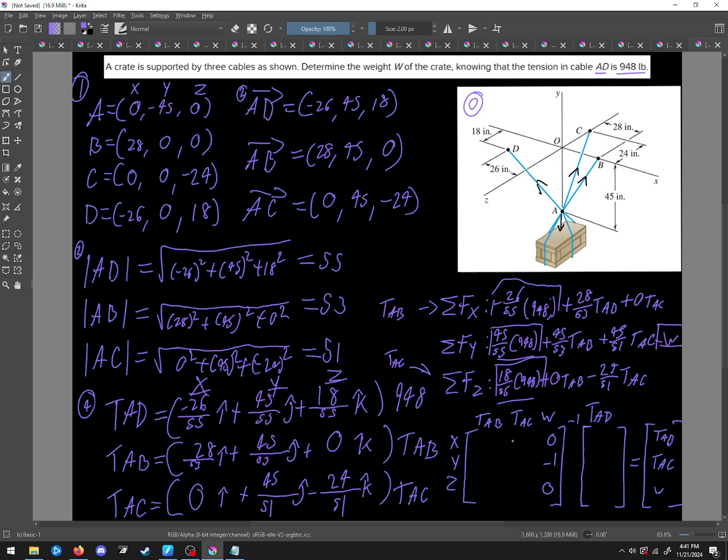Our TAC is going to be 0, 45 over 51, -24 over 51. And TAB is going to be 28 over 53, 45 over 53, and 0.